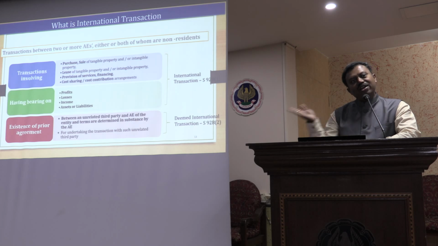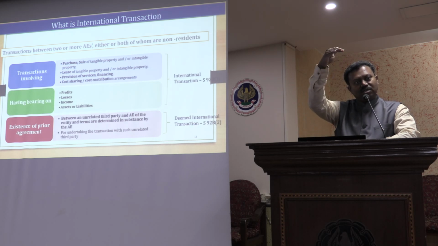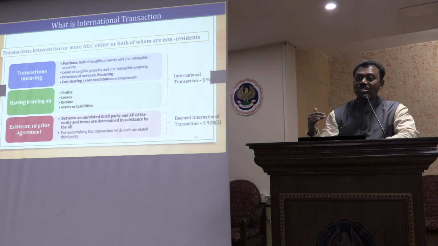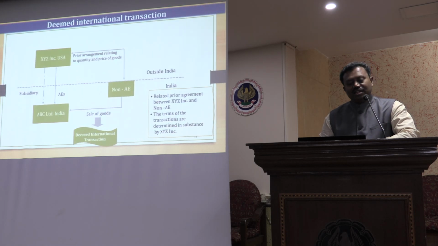Now we have one more element in international transaction. It is called deemed international transaction. Interesting. First we saw associated enterprise, two ways there. Then deemed associated enterprise. Now we saw international transaction, and in international transaction again, deemed international transaction. When does this happen?